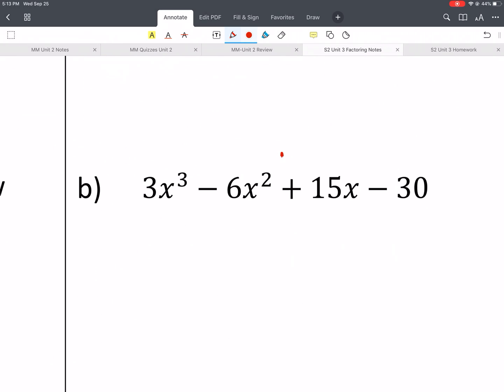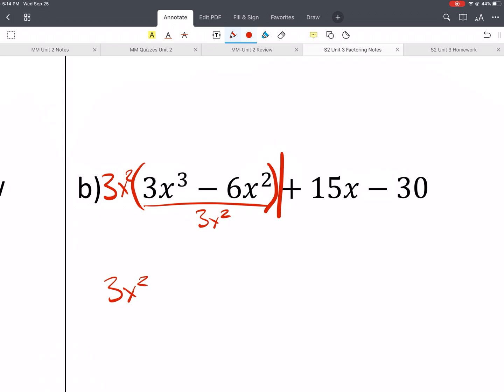Again, first thing is to group it into two. Find the greatest common factor. So for the numbers, the thing we could factor out would be a 3, and the smallest exponent would be x squared. So we divide it by 3x squared.